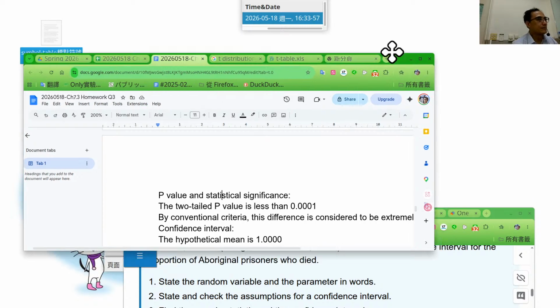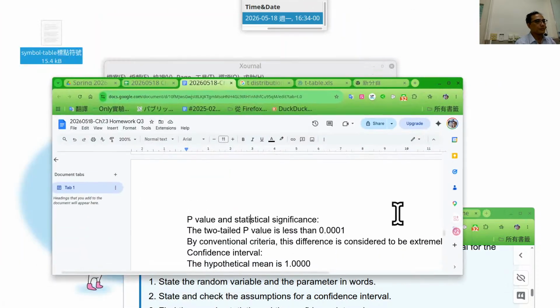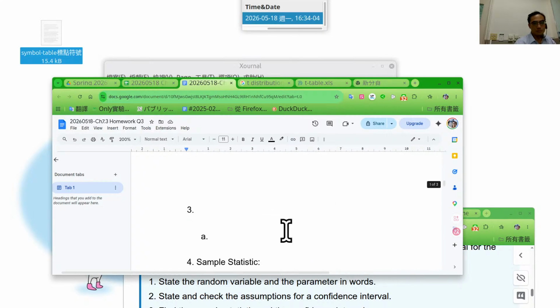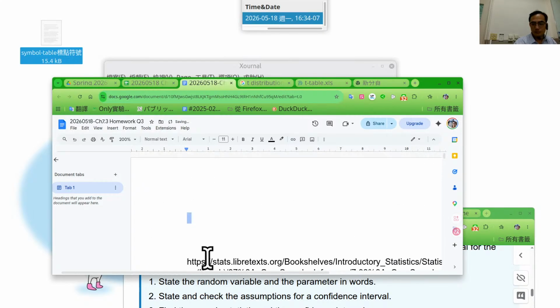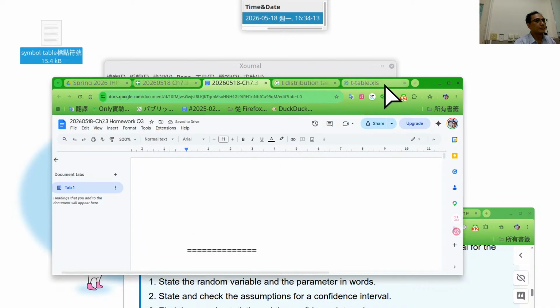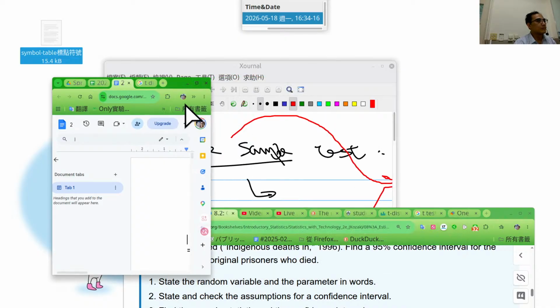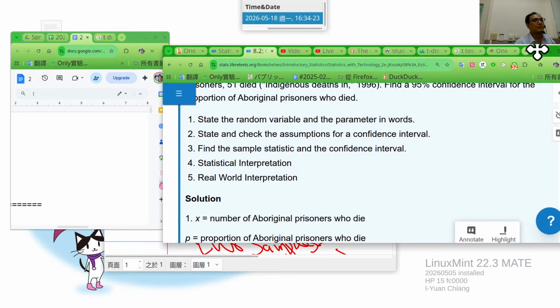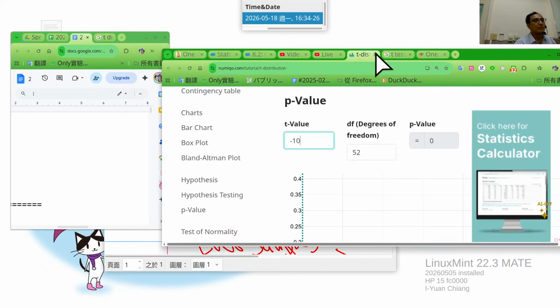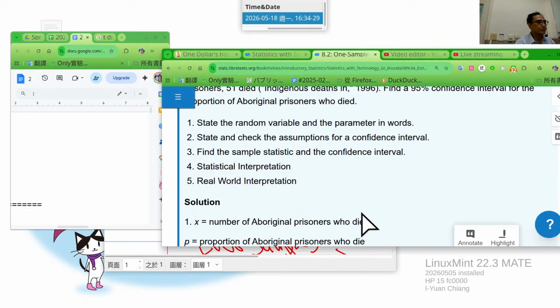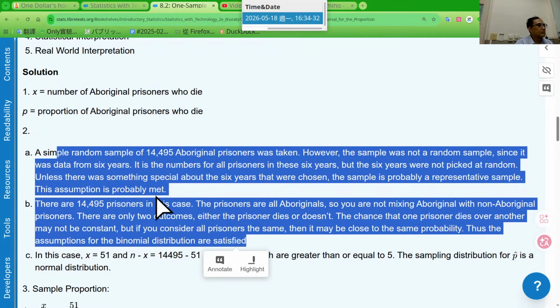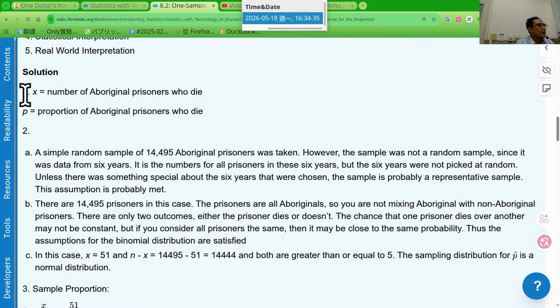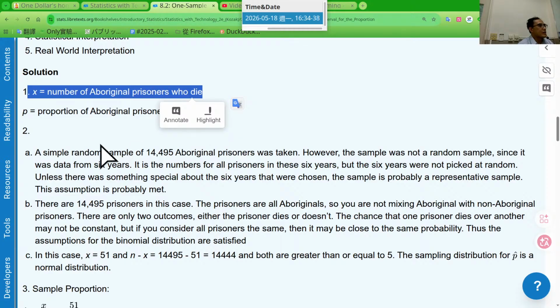Okay, let's check here. Okay, the solution: X is the number of Aboriginal prisoners who died.